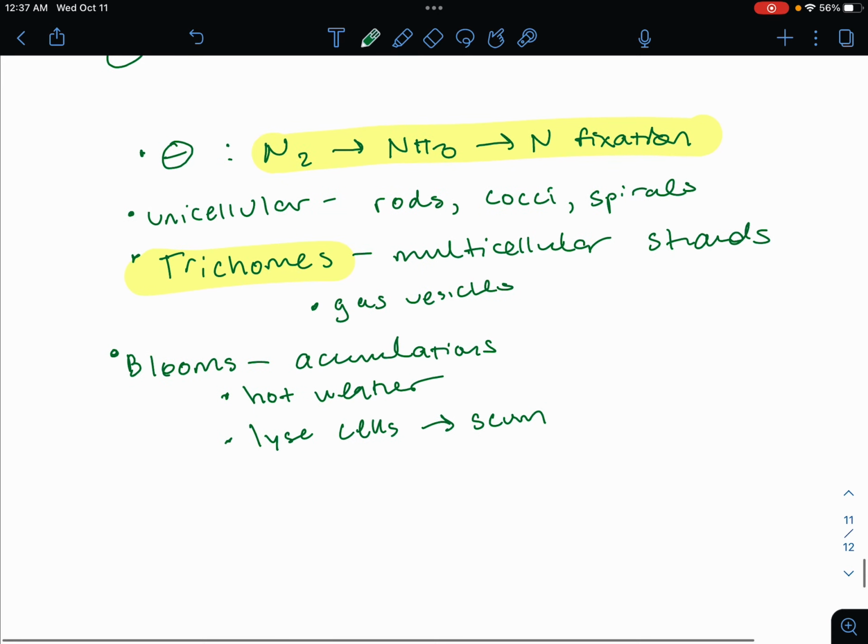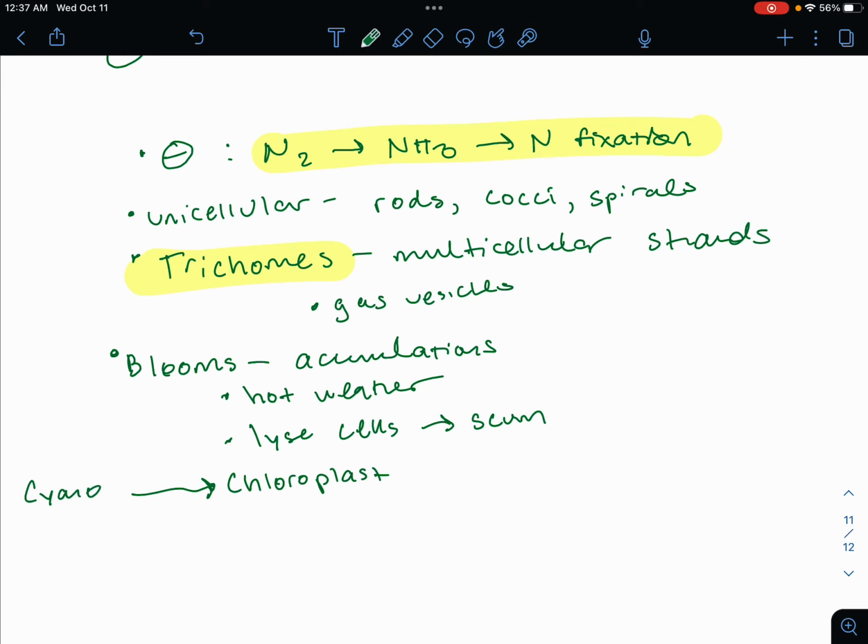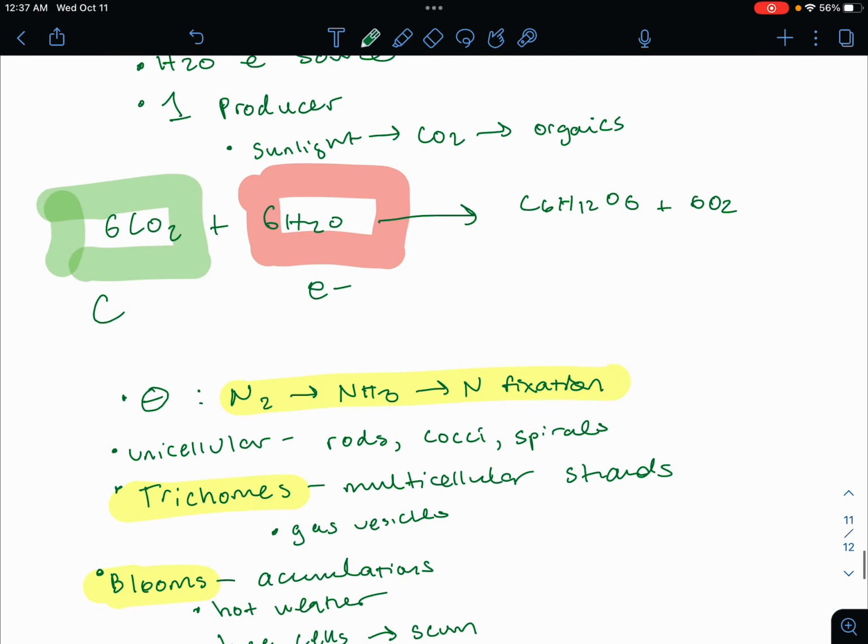And the chloroplasts actually evolved. So again, it's like Pokemon: the cyanobacteria would evolve into the chloroplast over time. Let me center this actually.